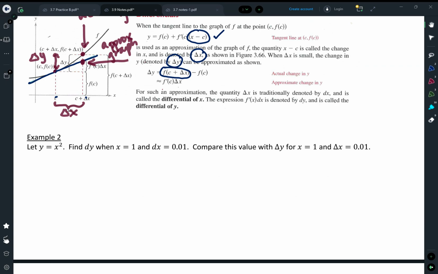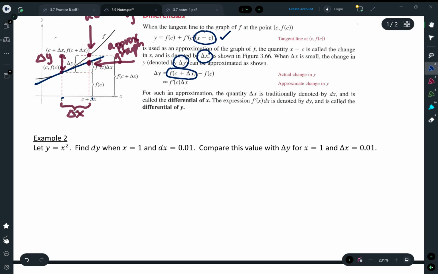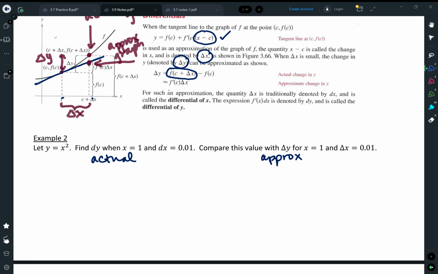And I think the best way to do this is to look at our actual and our approximation. Our actual is going to be using the delta y and the delta x, and our approximation is going to be using differentials.